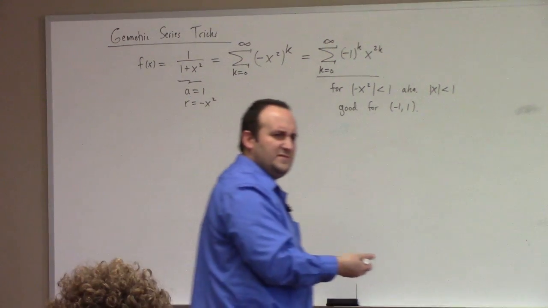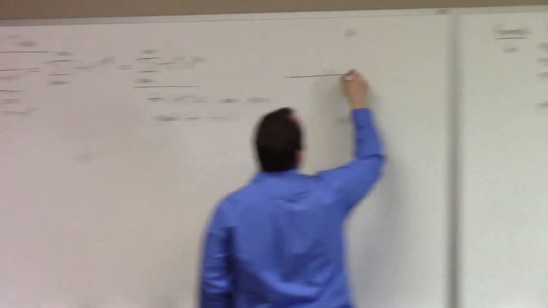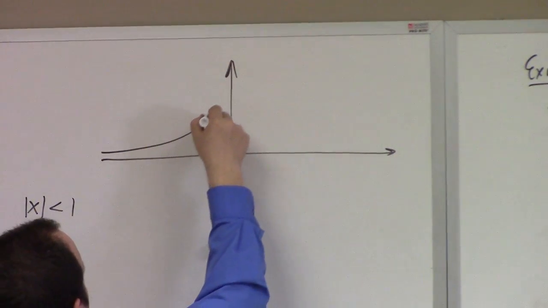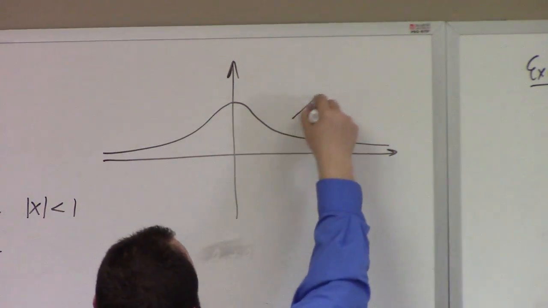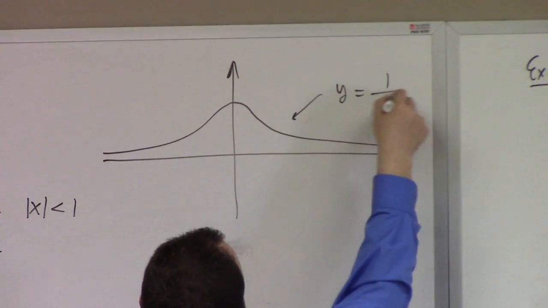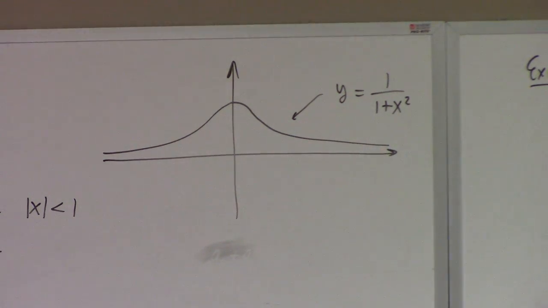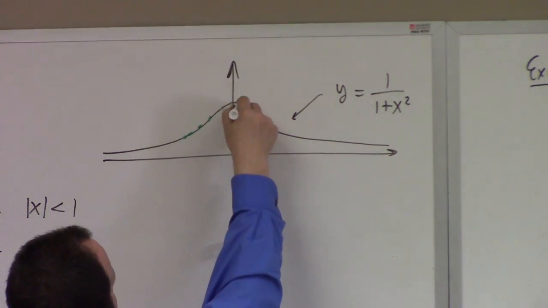What's the deal with this function, though? What does 1 over 1 plus x squared look like? It's not a troublemaker. It's just this guy. Right? This is y equals 1 over 1 plus x squared. Why on earth is it that the power series only approximates it that much?